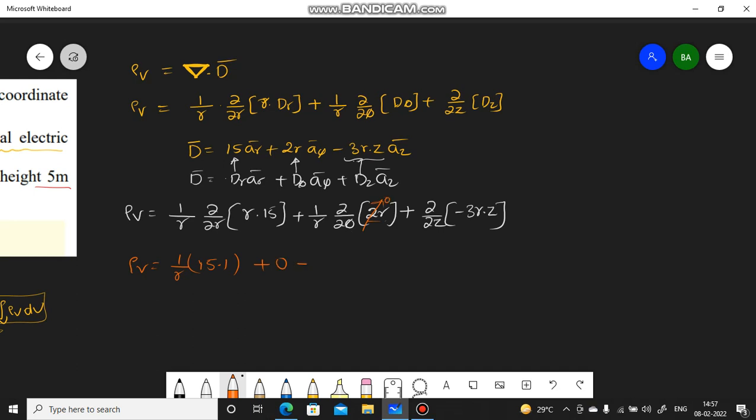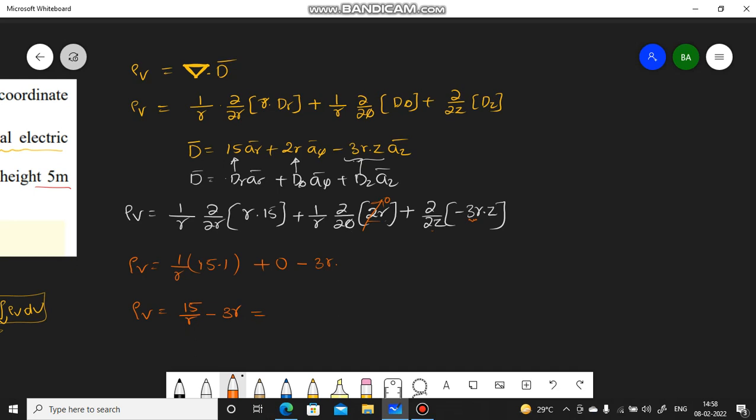Now minus dou by dou z of 3rz: 3r is a constant and z is the variable, the differentiation of z with respect to z is 1, so here we have only 3r. So now our rho v is equal to 15 by r minus 3r.